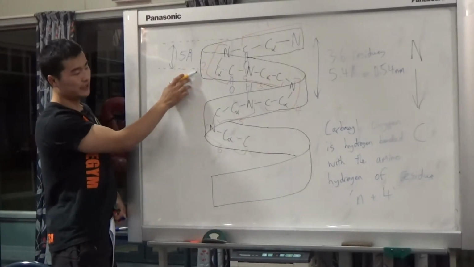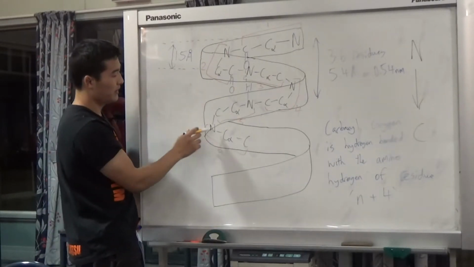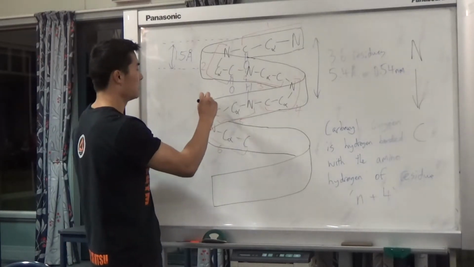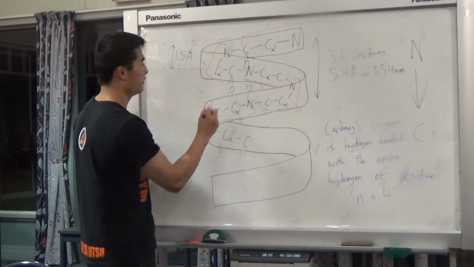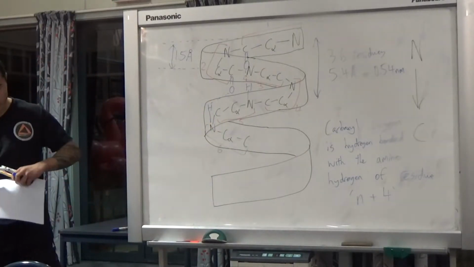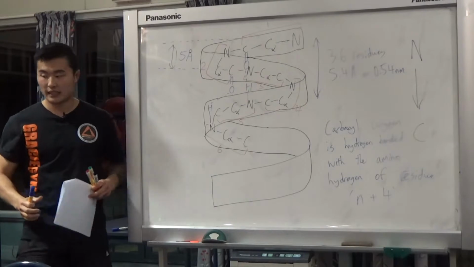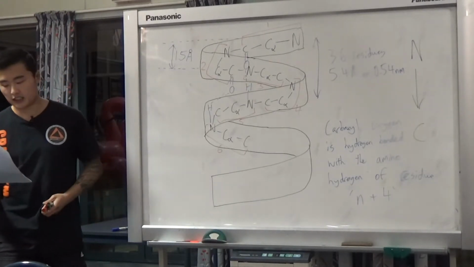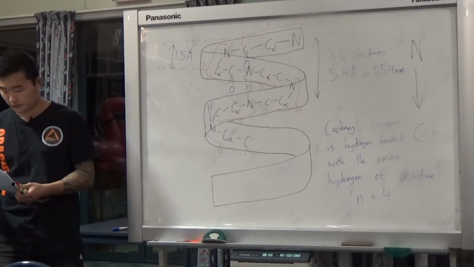So 2 plus 4 is 6. So it's going to be bonded with the nitrogen of amino acid number 6. Right. So you have your hydrogen bond there, and that's stabilizing this alpha helix structure. Okay.